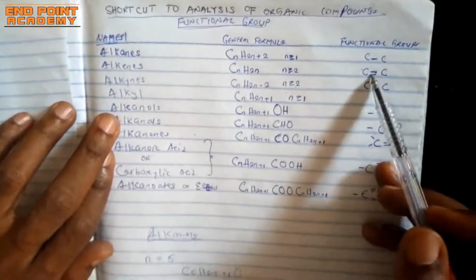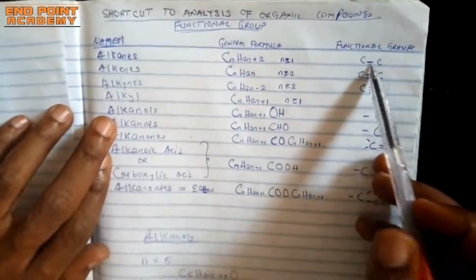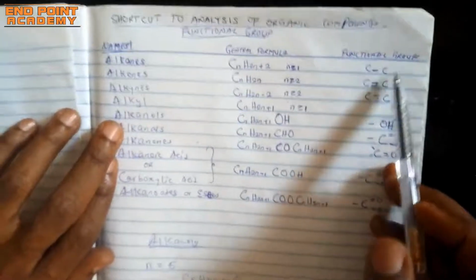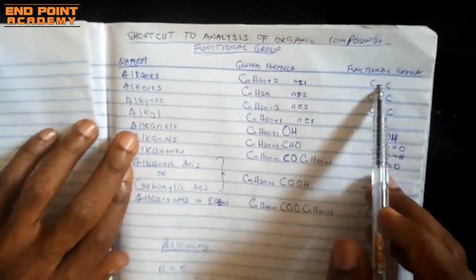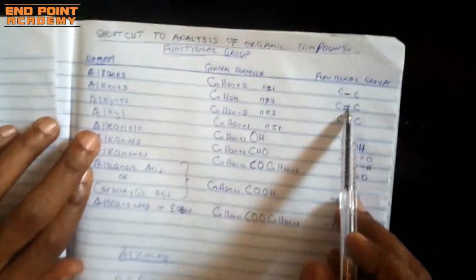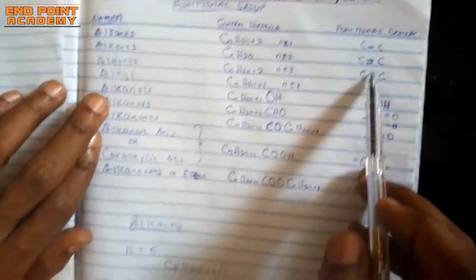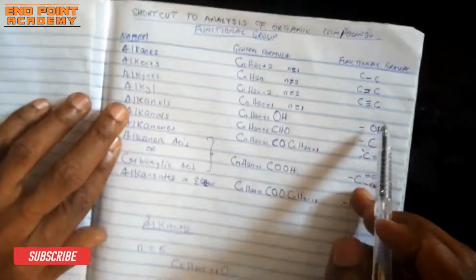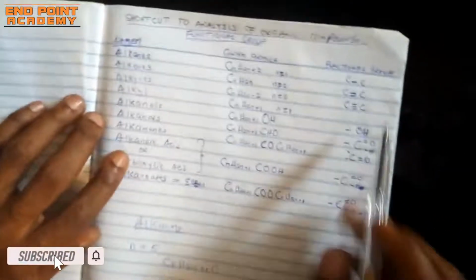And the double bond alkenes are more acidic than the alkanes. The reason is that alkanes only have 1 sigma bond, while the alkenes have 1 sigma and 1 pi, while the alkynes have 1 sigma and 2 pi. So what causes acidity is the number of pi bonds in a compound.